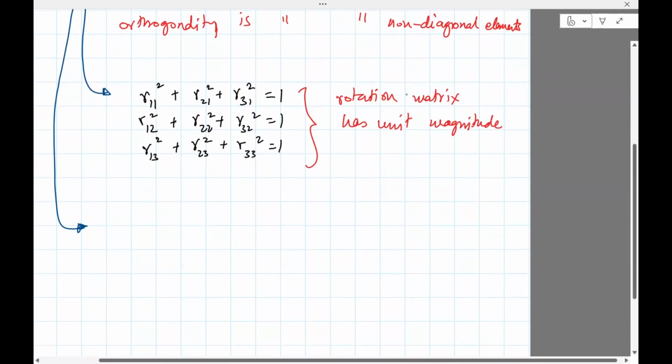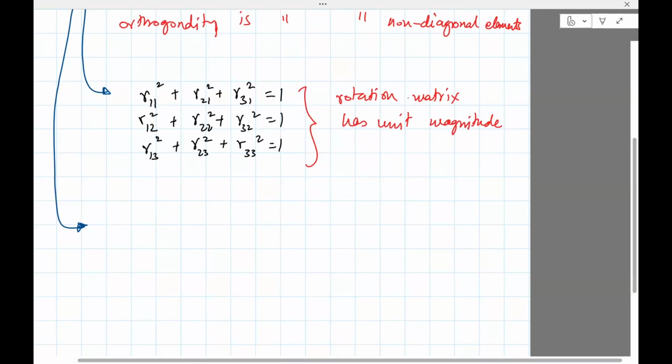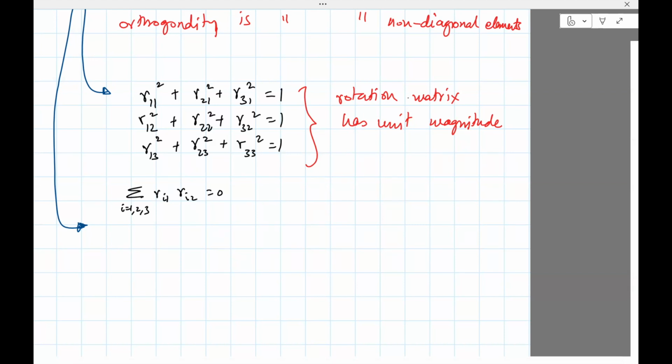Okay, and then the other property is that you need to do summation Ri1 Ri2, where i will go from 1 to 3, should be 0. This is saying that the vectors or the R's are orthogonal to each other.